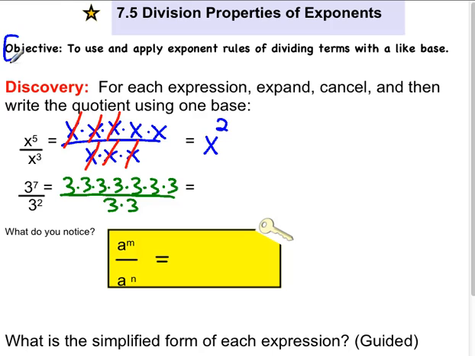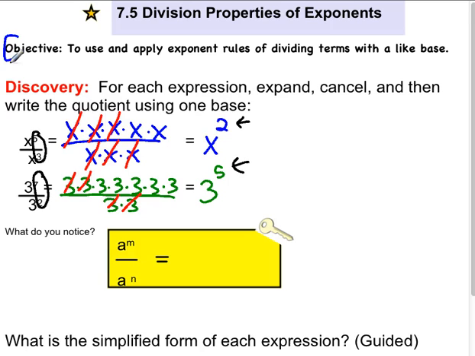And again, let's do the same thing. So I'm going to cancel off 2 from both the top and bottom. And what does that leave me with? Well, that leaves me with 3 to the 5th power. So let's think about 5 and 3. How does that relate to 2? 7 and 2, how does that relate to 5?